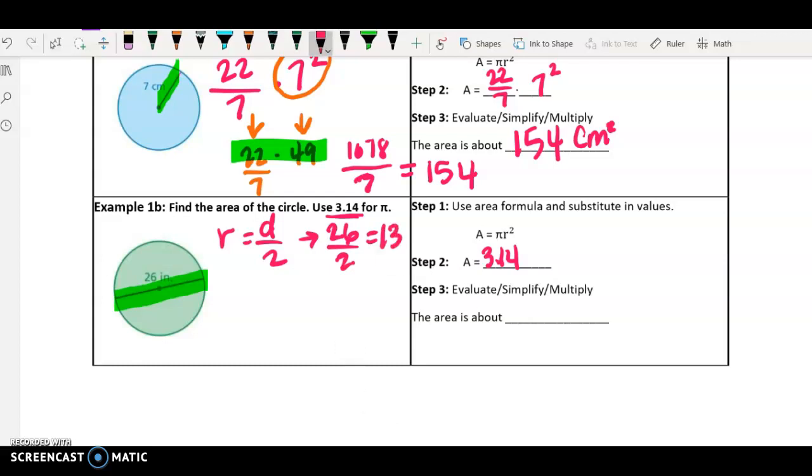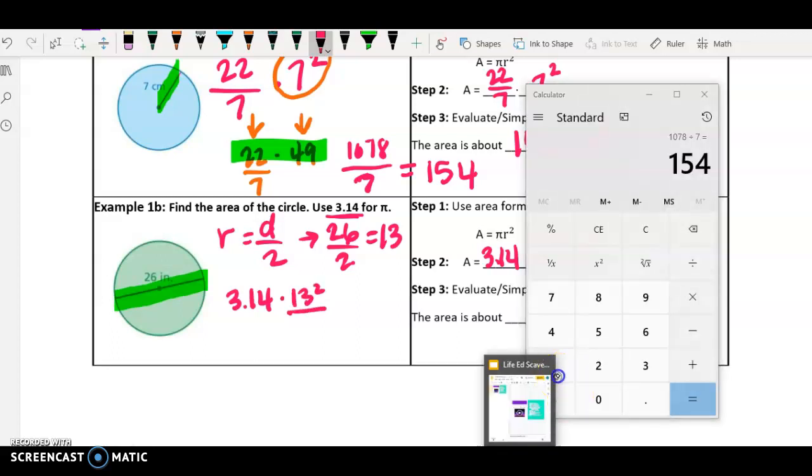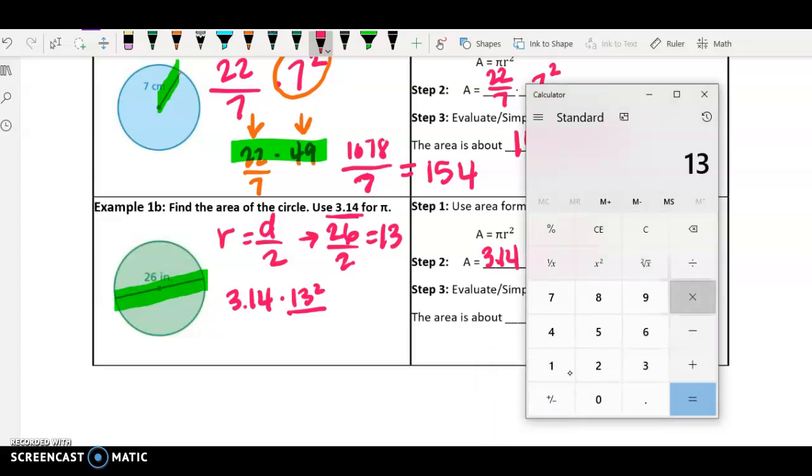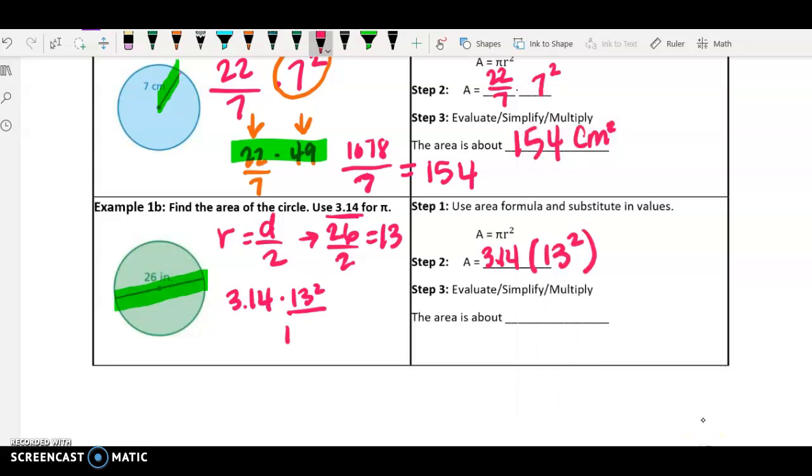So now we're going to do 3.14 times 13 squared. Let's figure out what 13 squared is first. All you have to do is 13 times 13, and we get 169 times 3.14.